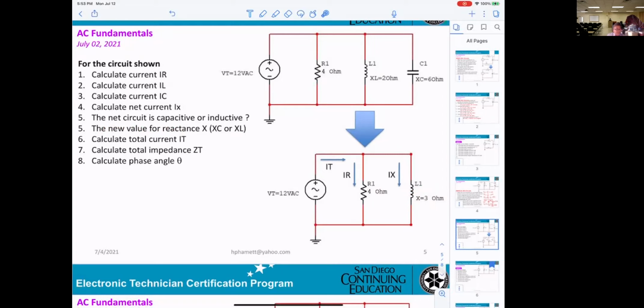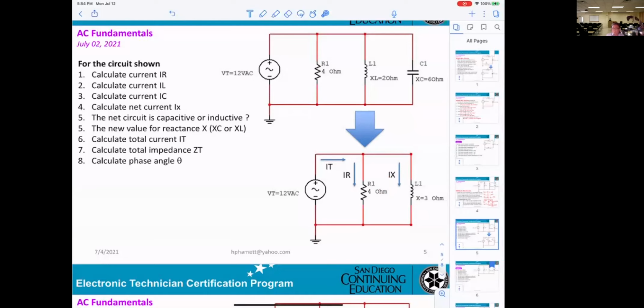Okay, and now they want to calculate the total current. So you go back to the circuitry, RL in parallel. You get IR, you get IL. Then you're able to calculate I total: square root of IR square plus IX square.